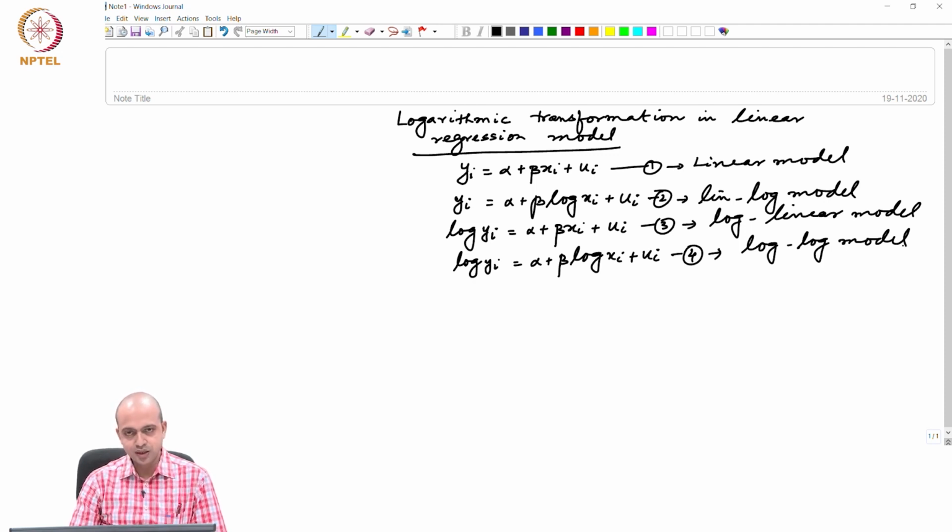And secondly, what would be the interpretation of your beta hat if you estimate model 1, model 2, model 3 and model 4. The interpretation of beta hat is different in these four alternative models, and that is what we are going to learn. So, let us first try to understand why logarithmic transformation is required in empirical research.